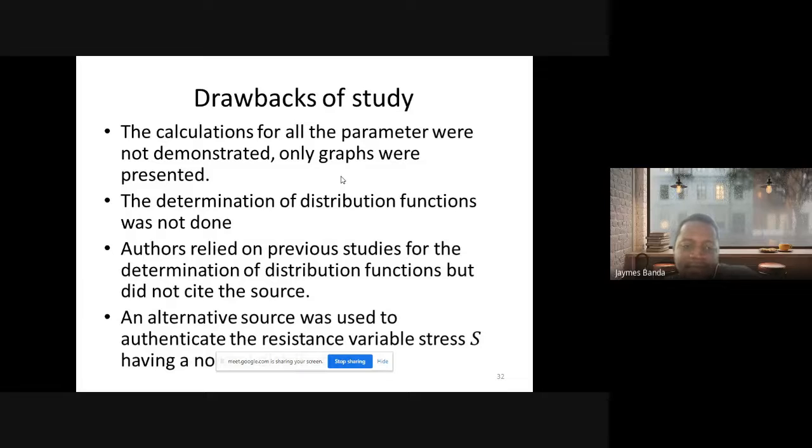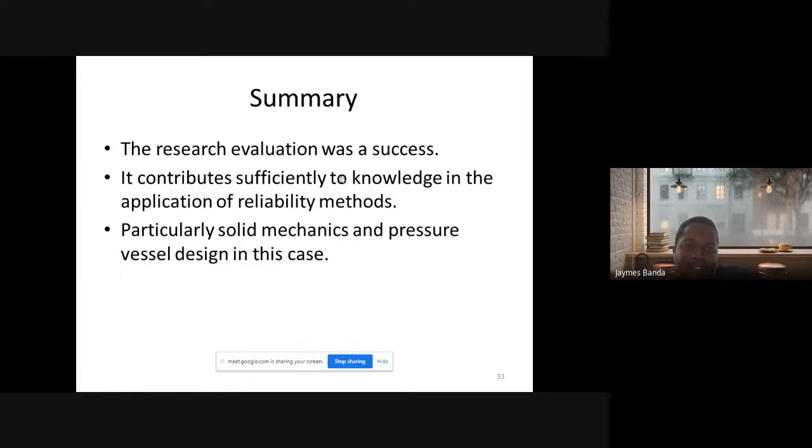However, we were able to find alternative sources and authenticate the resistance variable S as having a normal distribution. So the research evaluation was a success. It sufficiently contributes to knowledge in the application of reliability methods, particularly in solid mechanics and pressure vessel design in this case.